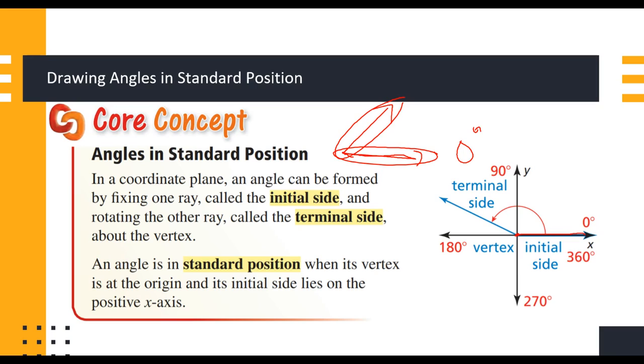Now we have two measurements of angles. It can be positive or negative. If your terminal side is rotating counterclockwise, it will get a positive measurement, while if your terminal side rotates clockwise, it will get a negative measurement.